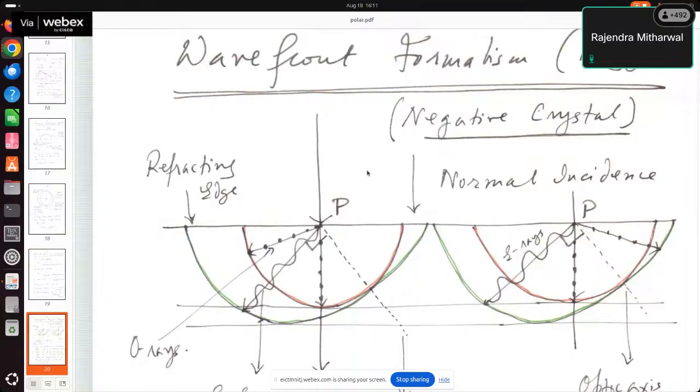So, the question is, how do Maxwell's boundary conditions lead to the generation of two refracted rays at the surface of a birefringent medium? That's a pretty difficult mathematical question.